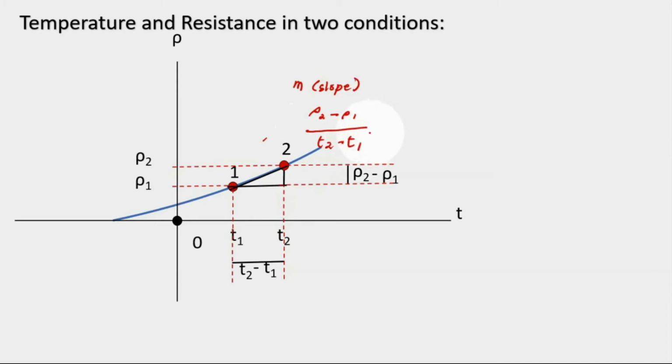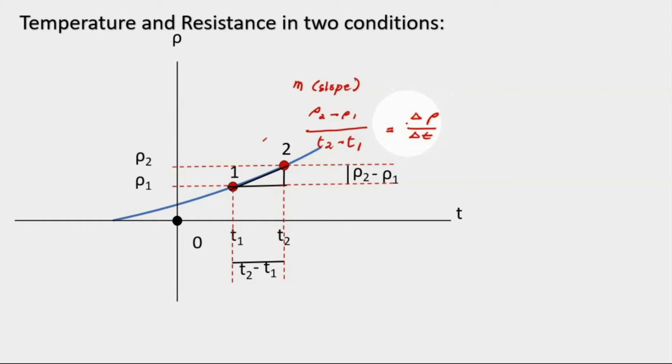In short, we can write this as the change in rho over the change in temperature. This is our short method of writing rho 2 minus rho 1. We use this symbol, delta, which means change.